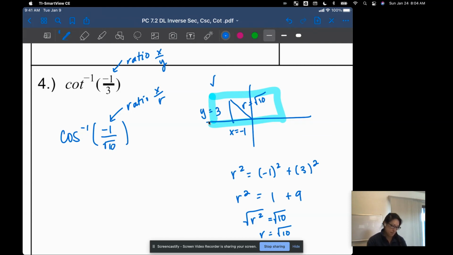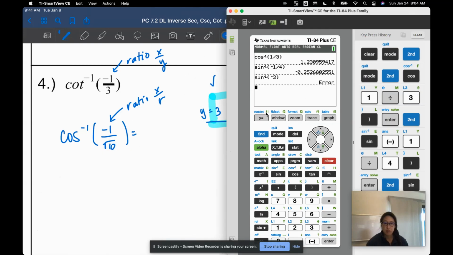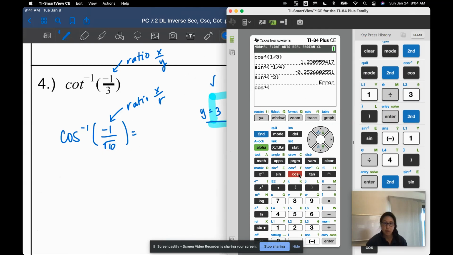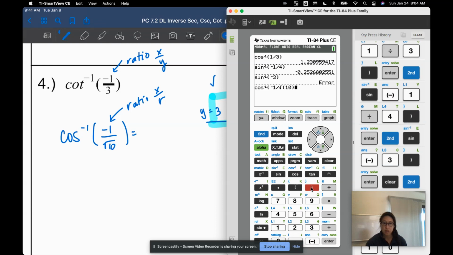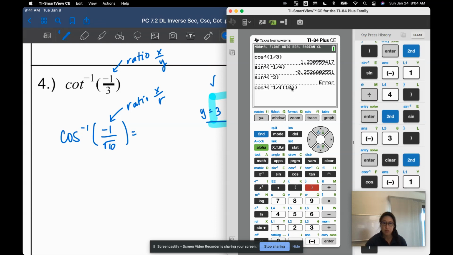Okay, which gives me, do this in my calculator, go this way, cosine inverse of negative 1 over square root 10. 2 parentheses, 1 to close the root and 1 to close the ratio.